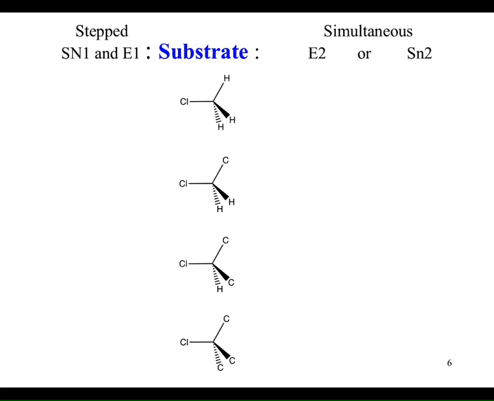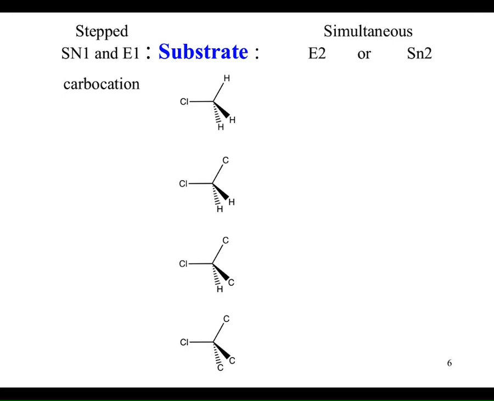For the stepped ones, SN1 and E1, there's a couple things that you should remember. Number one, when we say one type mechanisms or unimolecular, you should immediately be jumping to the term carbocation.